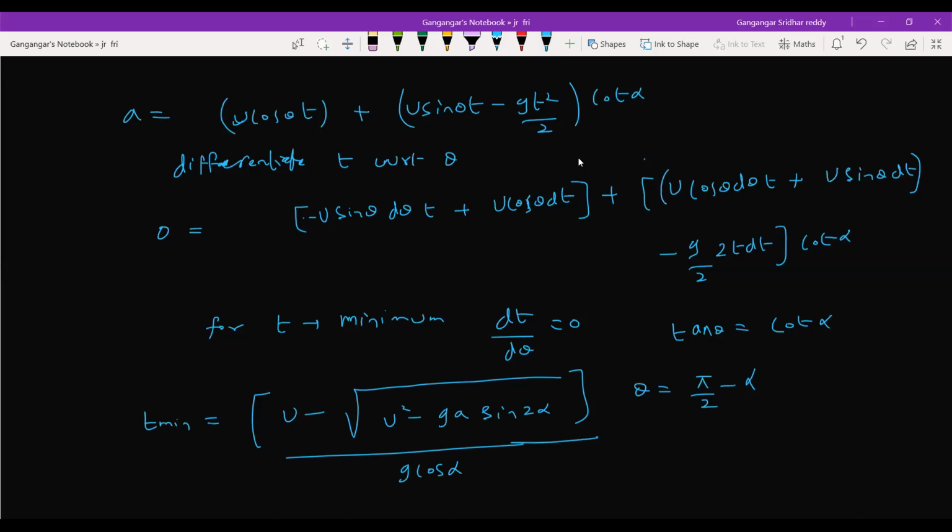Finally, you should end up with this much. This is just a different way of doing the differentiation of dt by d theta equal to 0, and this will be our final answer. Once you get the time, you can calculate the speed with which it will strike. Once you know the time, you can get all the other things.